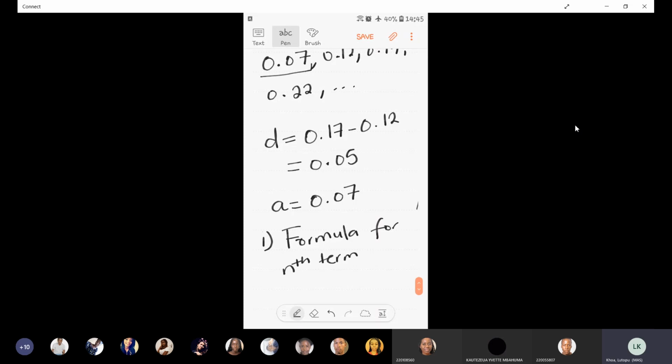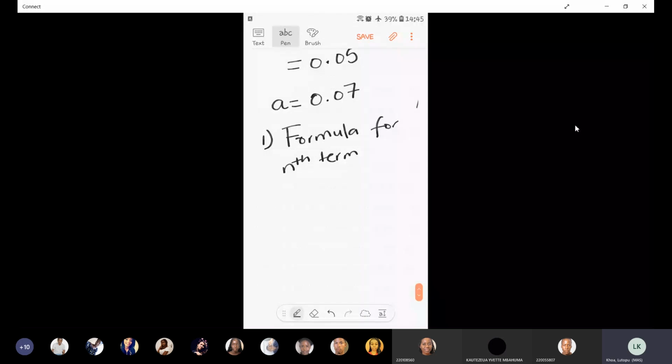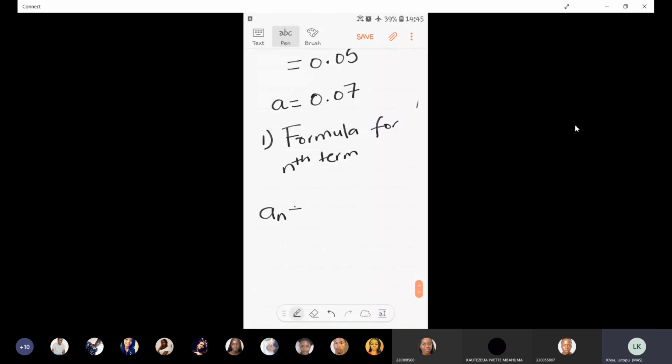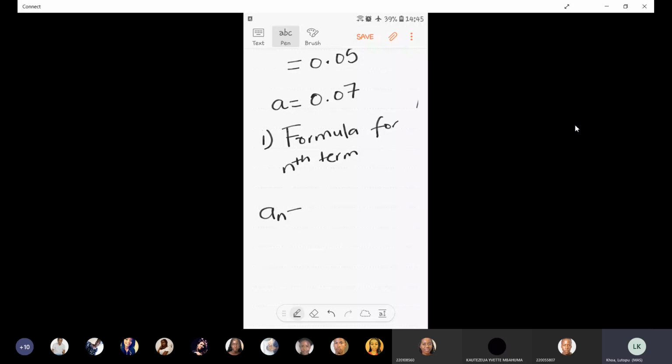Okay, now the formula for the nth term, we know this is just an. For any arithmetic progression, this is just a1 plus n minus 1, then times d.